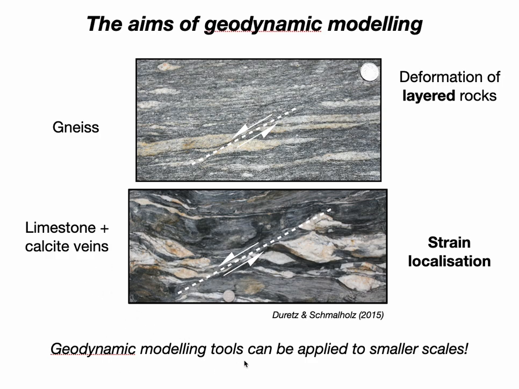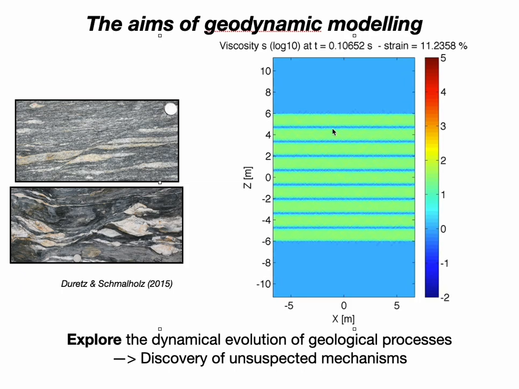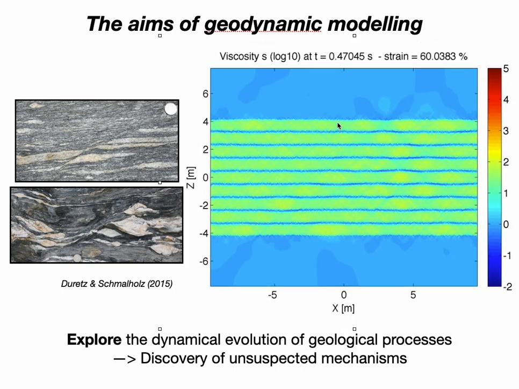And we can also use geodynamic modeling tools at smaller scale, to outcrop scales. Here is an example of one of these models where we stretch a model of different layers, which have different viscosity. So what happens if you stretch a model which has different layers of different viscosities?